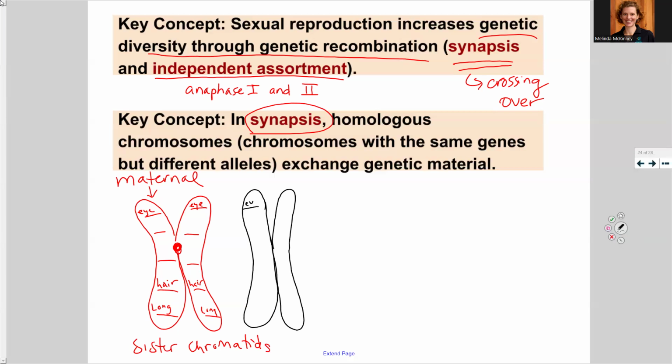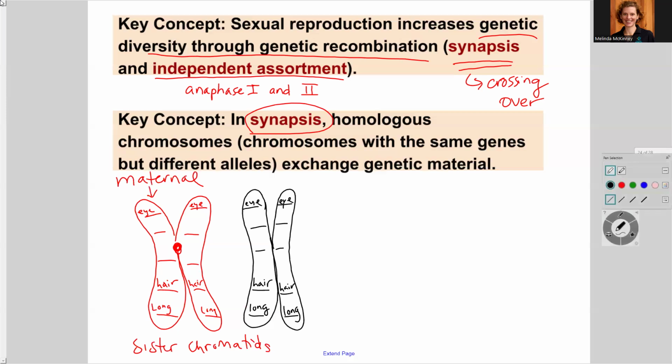So it's going to have eye color and whatever else, does it make lactose enzyme? What's the hair color? How long is the long bone? So these are all going to be the same sequence of genes, okay, but they may code for different varieties of that gene.